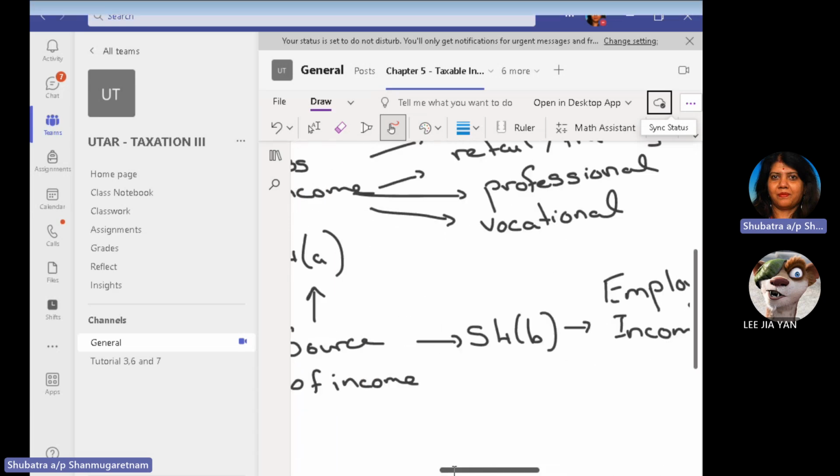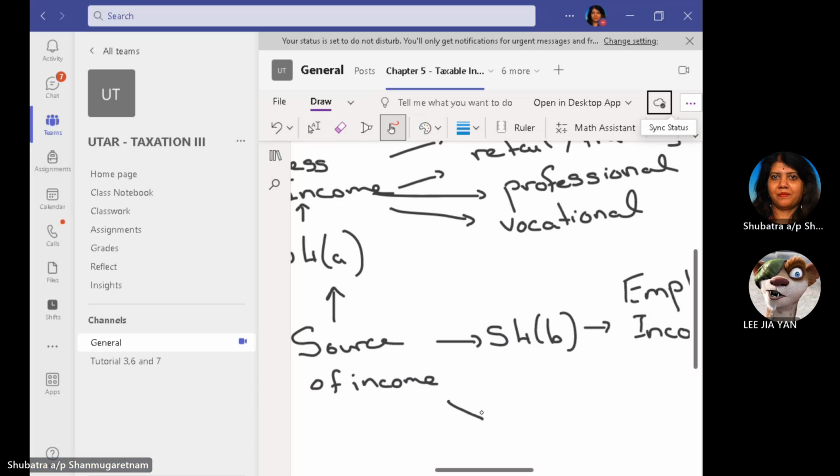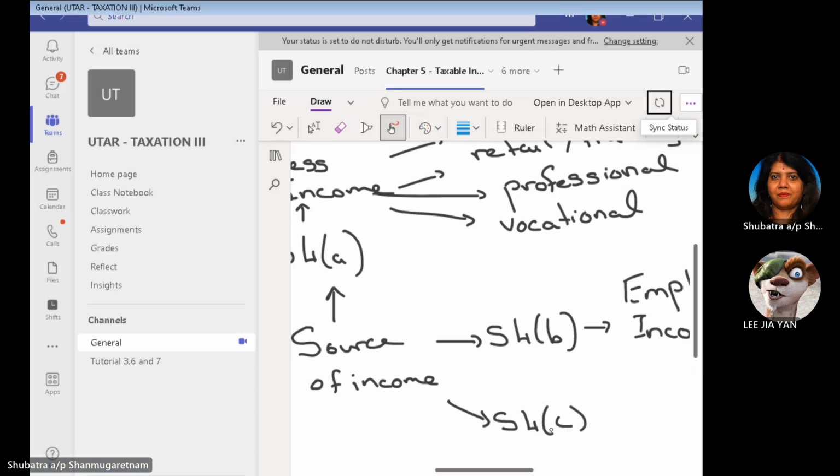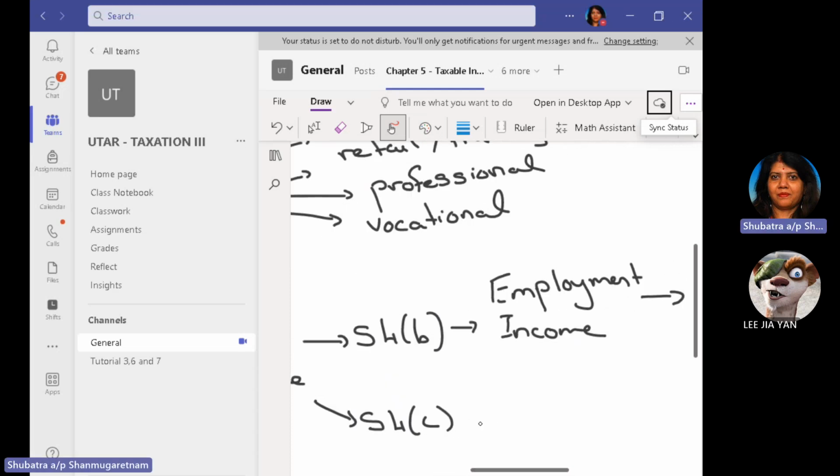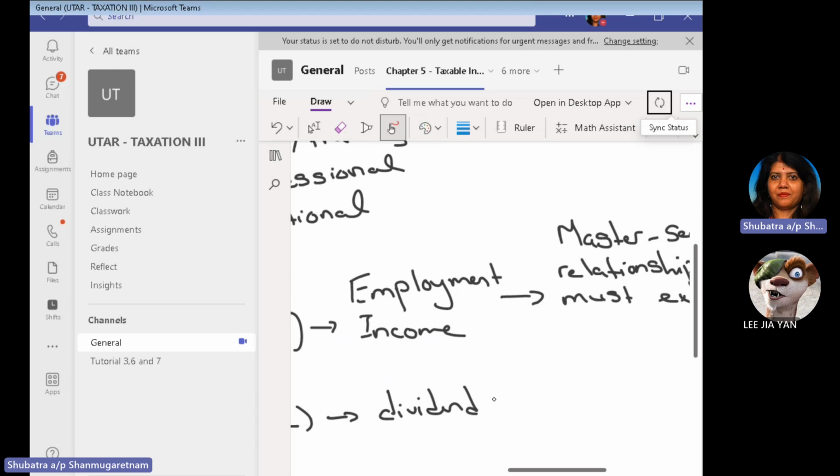Then you have 4C. So under 4C, you have dividend. Please remember, dividend for now, if it's single tier.